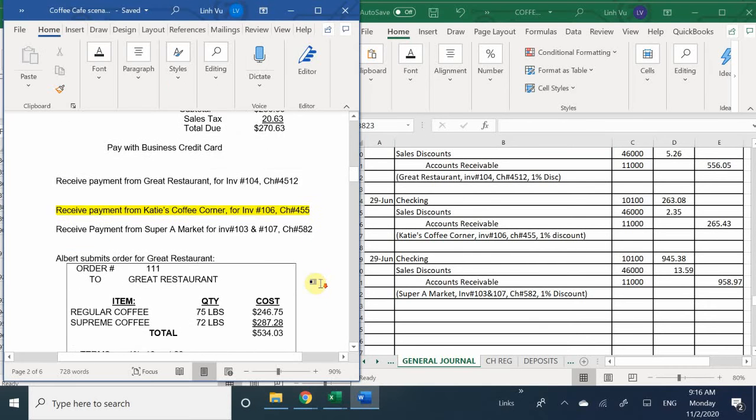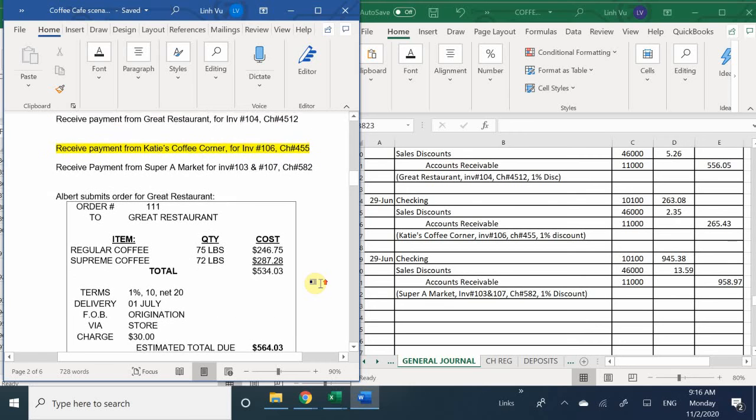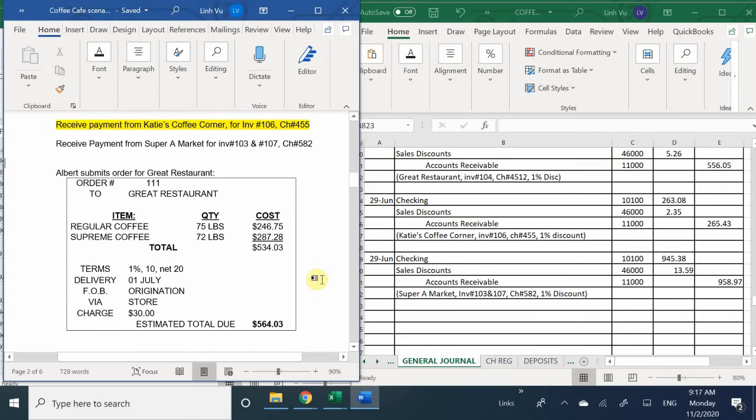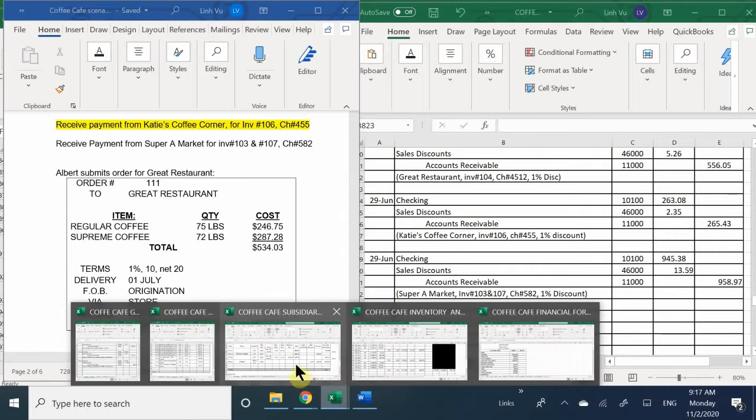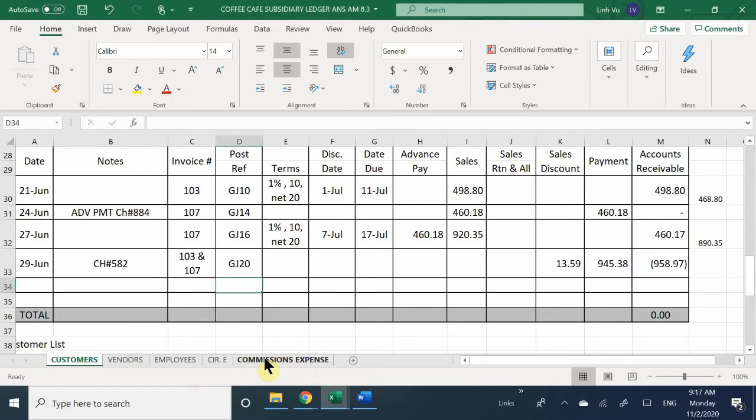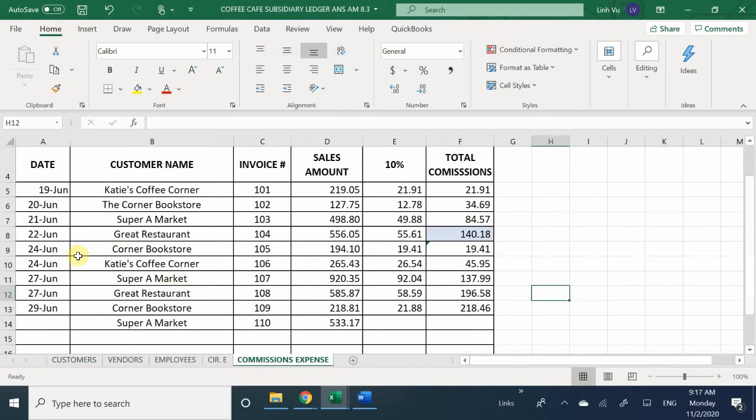Good. So what has happened next? Albert submits an order for Great Restaurant. All right, and we go to the subsidiary ledger for commissions.